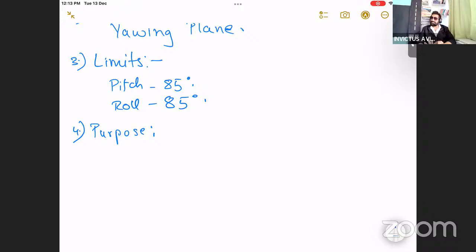The purpose of DGI is to give you a datum, in bracket you could write reference, from which heading can be measured. So this is the exam language. Our layman language would be direction.